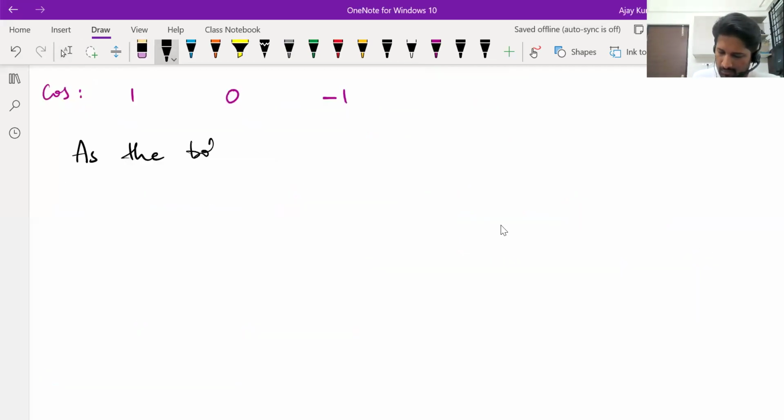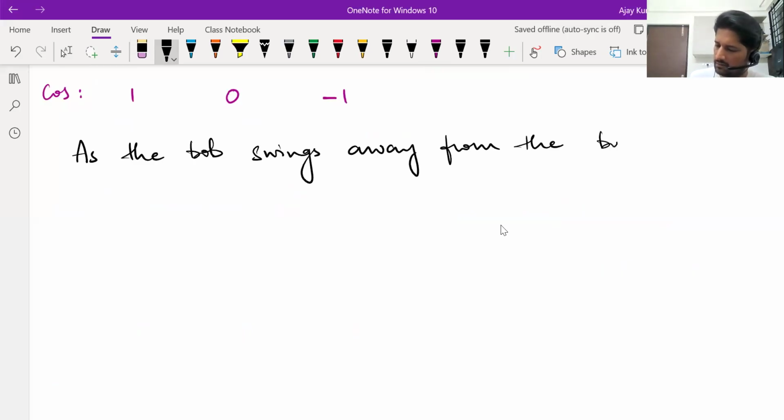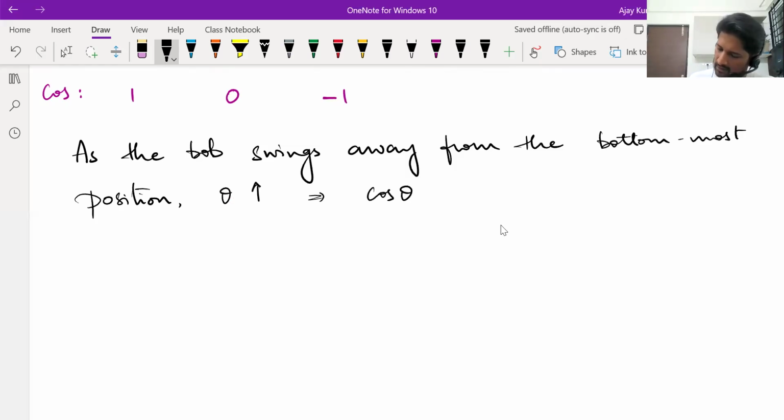As the bob swings away from the bottommost position, theta increases. That means cos theta decreases, and that means tension decreases.